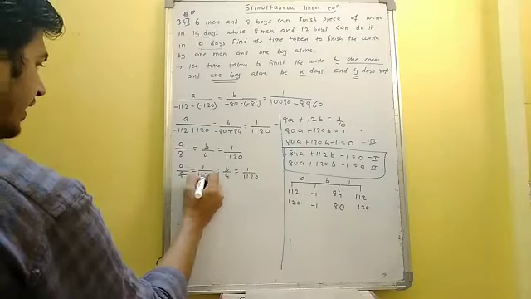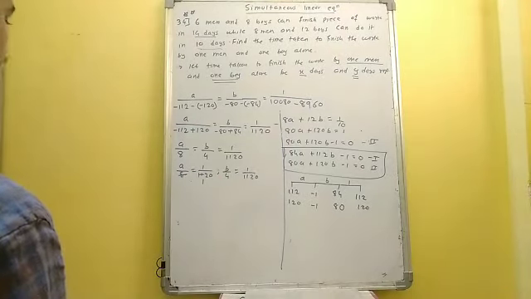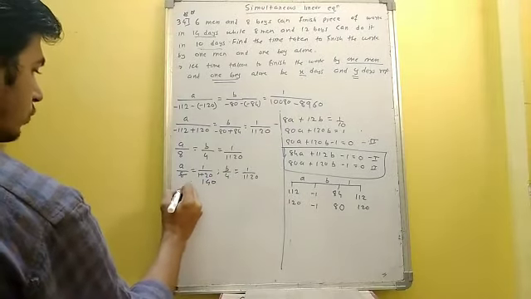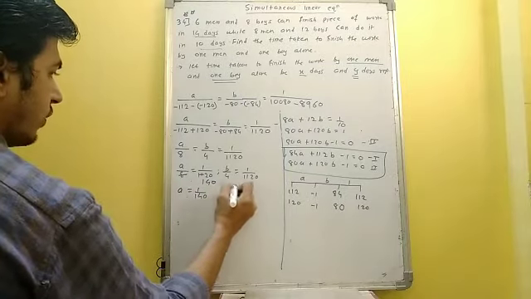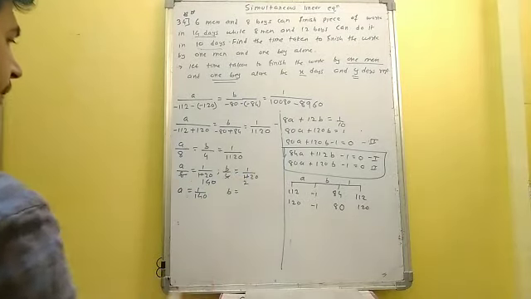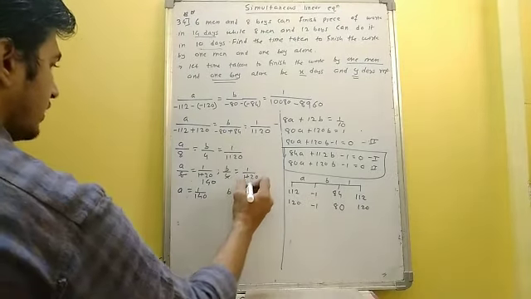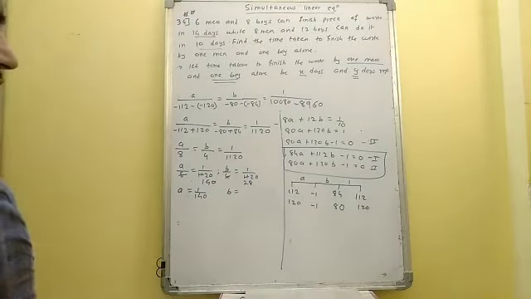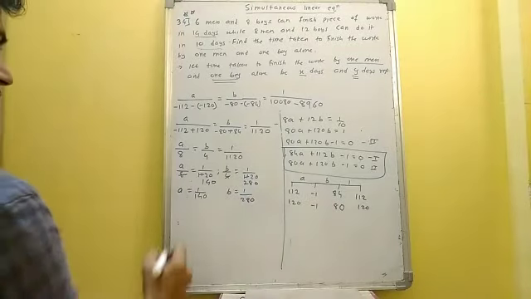So 8 1s are 8. Okay, we have 3 remaining. 8 4s are 32. So a is equal to 1 upon 140, b is equal to 4 2s are 8. Okay, and we have 3 remaining. 4 8s are 32. So it is 1 upon 280.